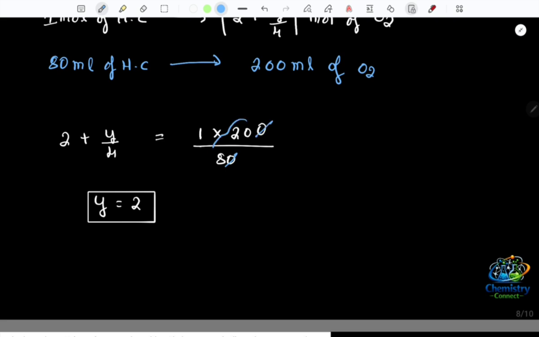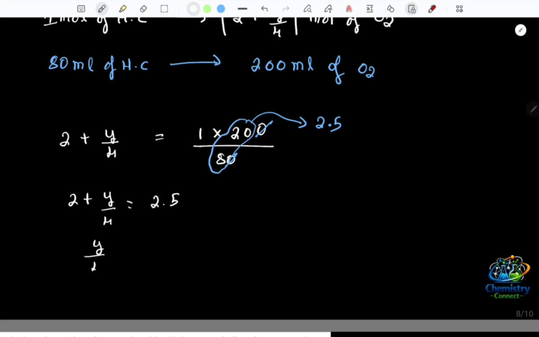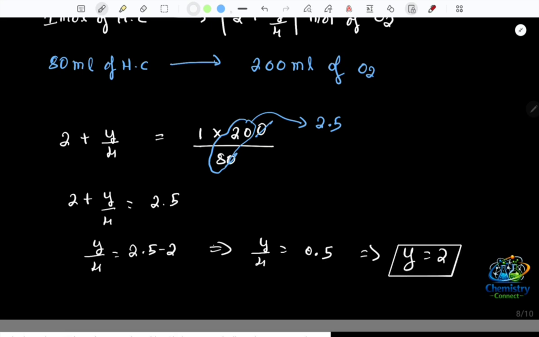So 20 by 8 is nothing but 2.5. So 2 plus y by 4 is equal to 2.5. So y by 4 is equal to 2.5 minus 2. So y by 4 will be 0.5 and y value will be 2. That's it. So we got the y value.